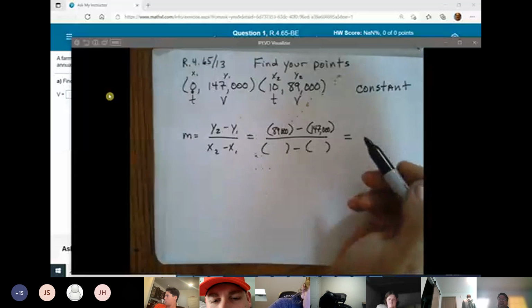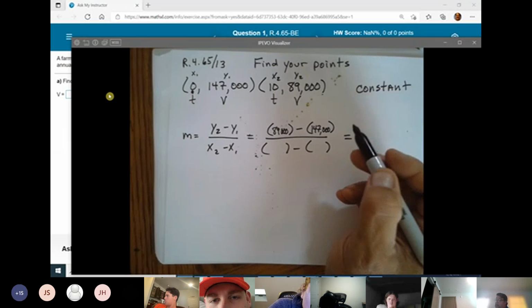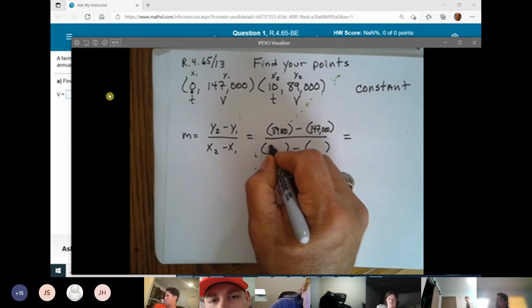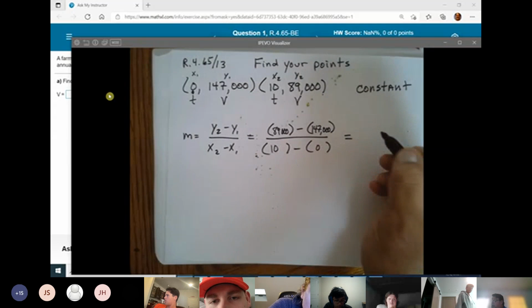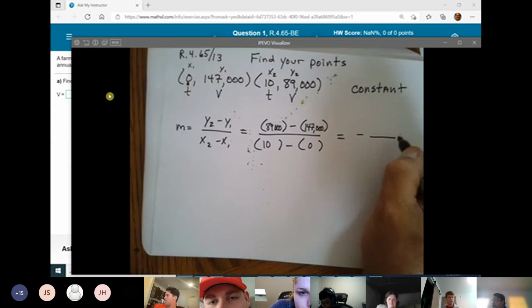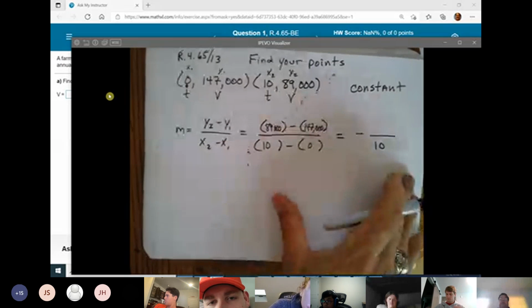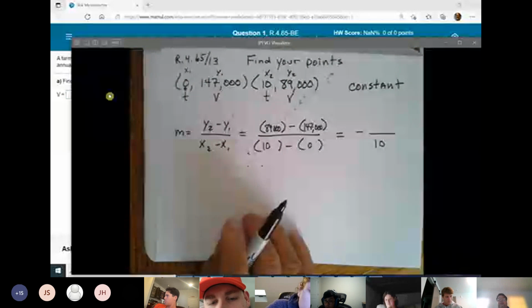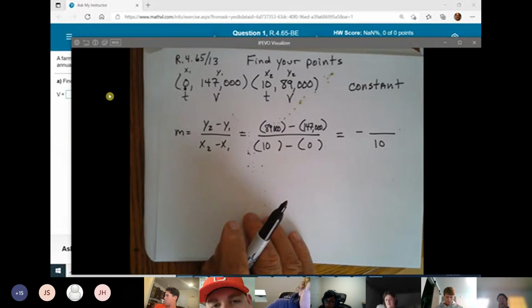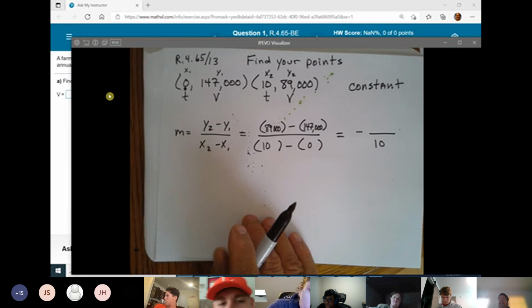Depreciation is always negative. Over 10 minus 0, and it's going to be negative something over 10. Somebody do that on your calculator. 89,000 would be 90,000, so it would be 58,000.